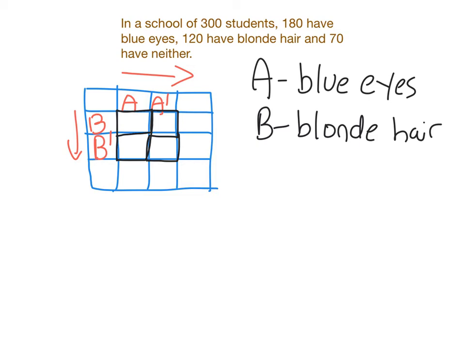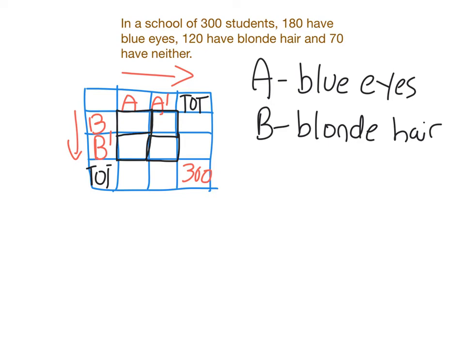So for two-way tables, we usually also have a row for the total just to help us out. So again, the point of this is just to display information to make it nice and easy to answer probability questions. So we were told in the question up there, in the situation, there are 300 students in total. So that goes down here, 300 in total.